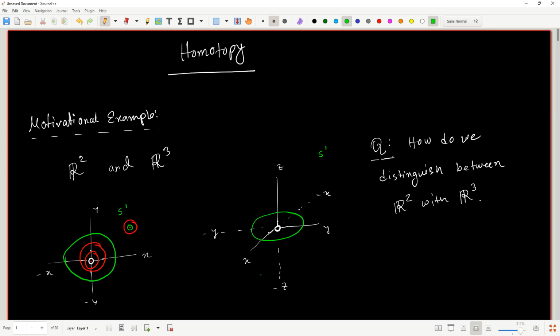Now this space has an extra dimension compared to R2, so we can use the benefit of it to translate our circle like this, either in this direction or in this direction per se. Then after translation, this is where the circle ends up, and now you can continuously shrink the circle to a point.